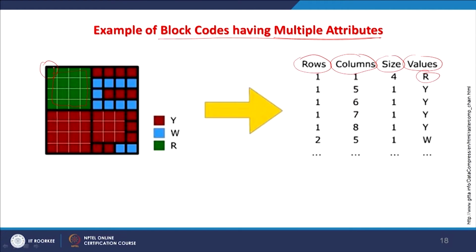So, the origin is given through this row and column, the size is given and the attribute value is given, and this way you can store the entire image, though it may have multiple attributes. Multiple attributes means individual cells or pixels are having different values, but still you may find redundancy in block coding by constructing larger squares.